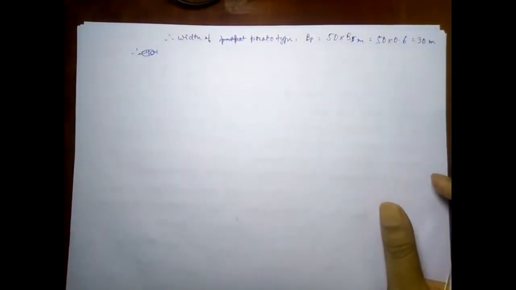So this is the width of the flume of the prototype. So this was our first part.